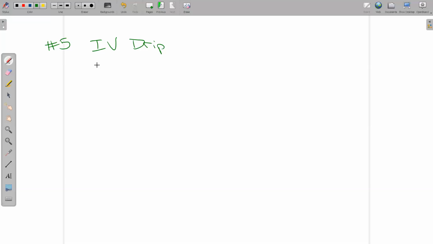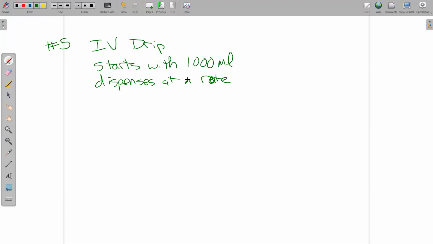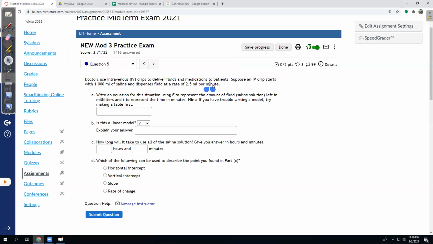So IV drip, that's important, that it starts with 1,000 milliliters. And then they said dispenses at a rate. And sometimes I just rewrite exactly what they said. Sometimes I reword it. Dispenses at a rate of 2.5 milliliters per what? Milliliters per minute.